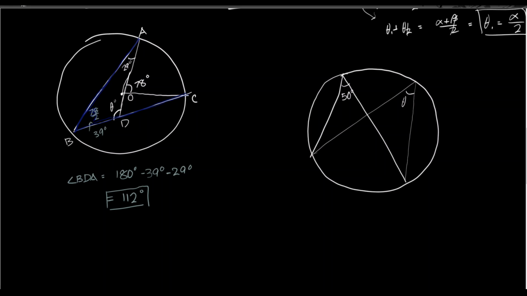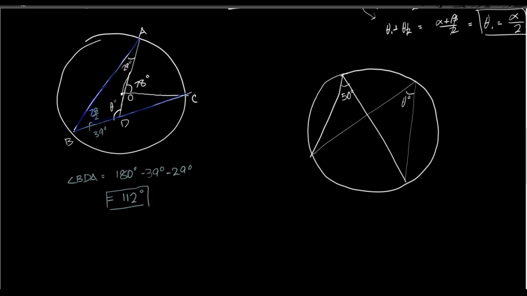And what is the value of this angle? This might look like a very tricky problem because our inscribed angle theorem, if you remember, requires us to know the value of a central angle. But there is no central angle here. We're not given the value of any central angle. So how are we supposed to know the value of theta?